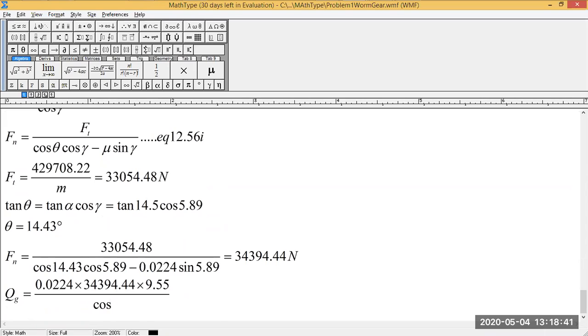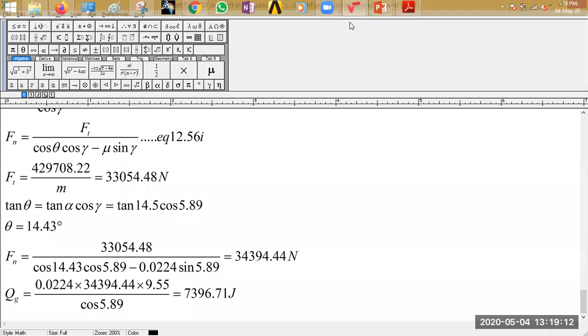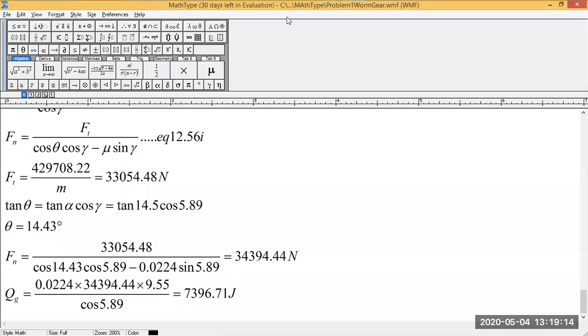Gamma is 5.89. Okay, let's calculate this. So we got 7396.71. This is in joules. So we'll stop here today. Next part we'll do in the next class.